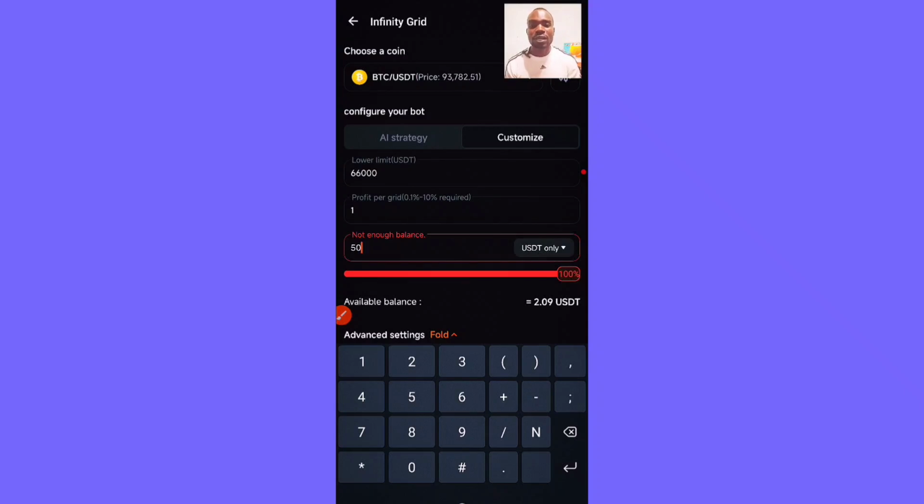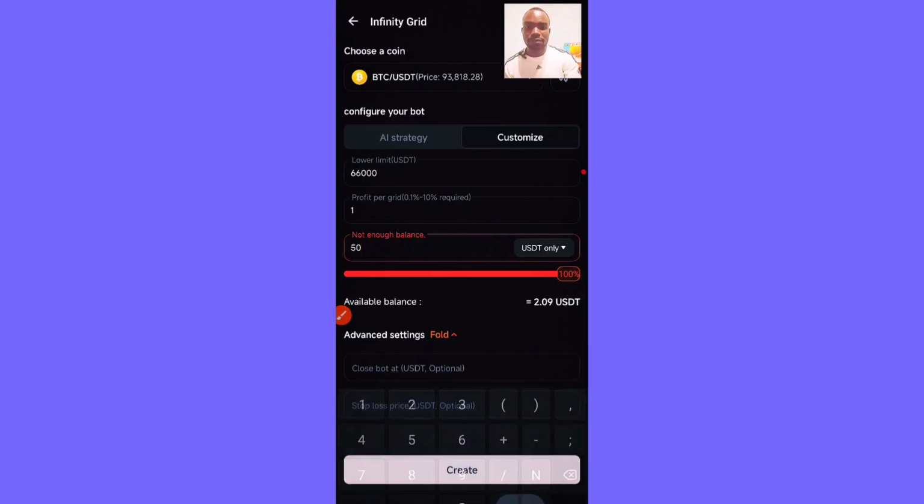This one requires much capital as compared to the classic grid bot. So when you have your $50 in here, then you will be in a position to start operating these grid bots. Then as well, you can go under the advanced settings and close the bot at a specified price.